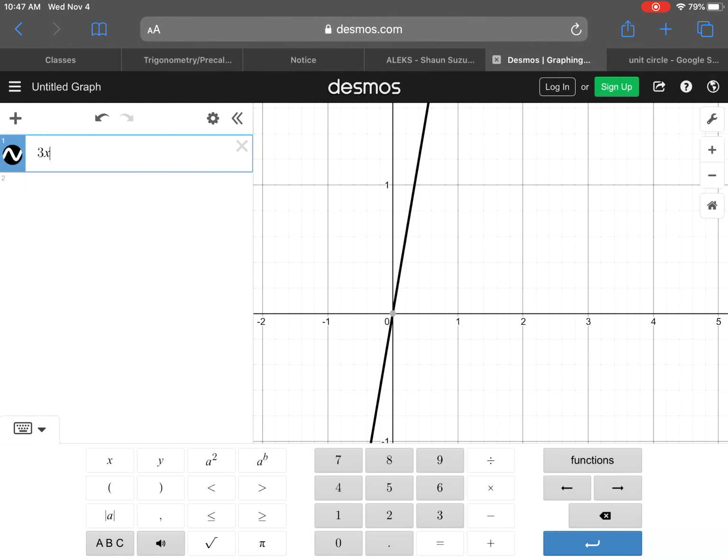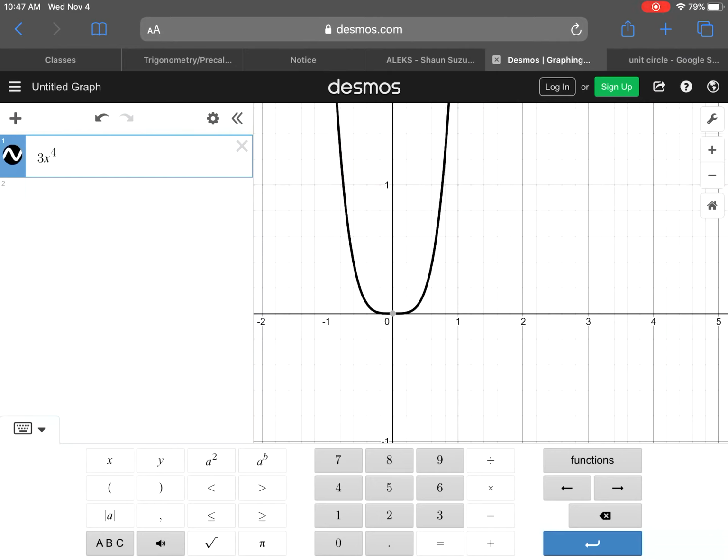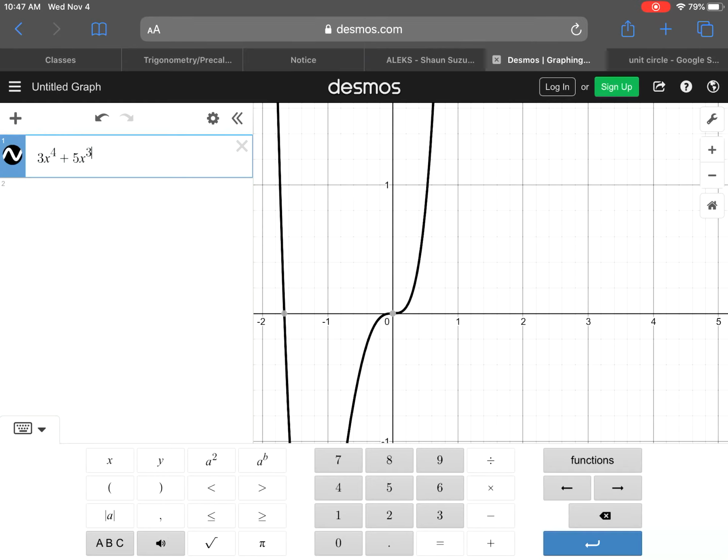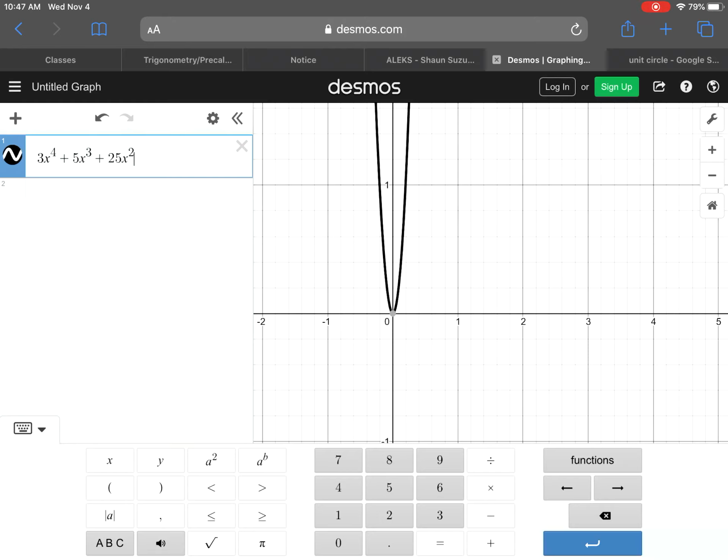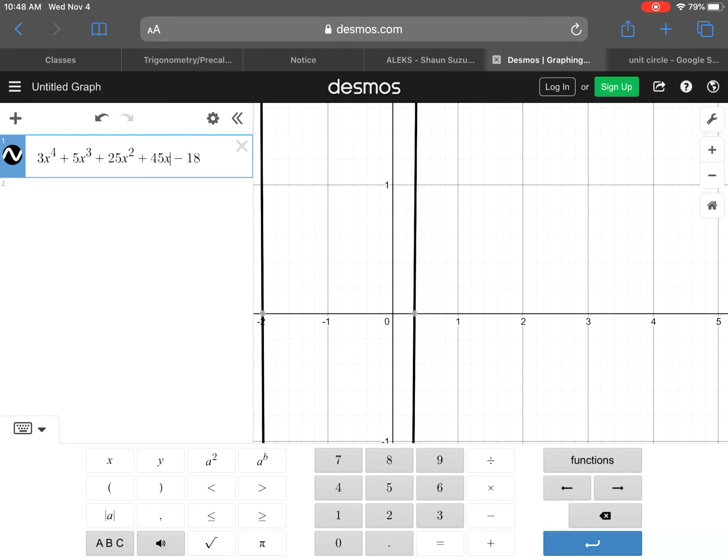I'm going to do 3x to the 4th plus 5x cubed plus 25x squared plus 45x minus 18. Oops, 45x. Okay, there we go.